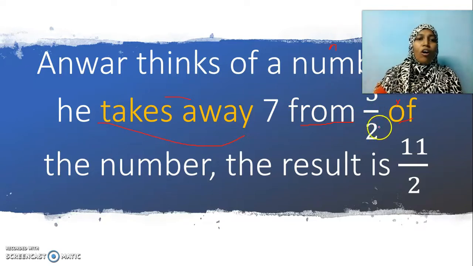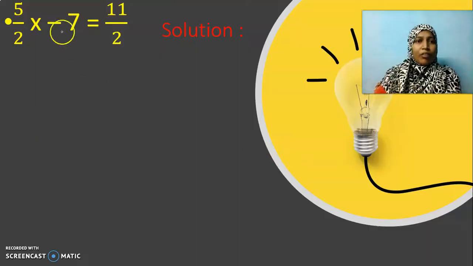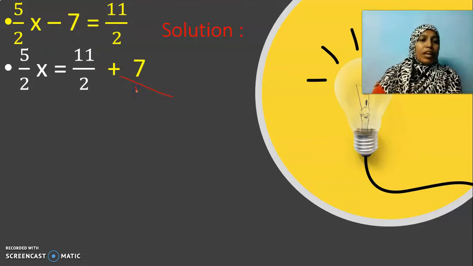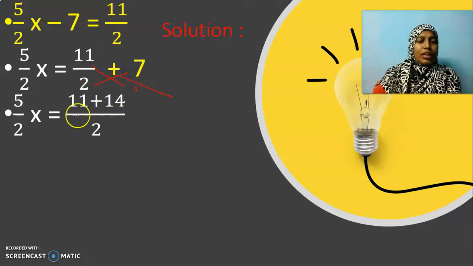5 by 2 of n or x should come in the front. See here, 5 by 2 of x minus 7. Though while we write the sentence, this number comes in front, be careful while you write the equation. Again, transposition, plus 7. Here we have divided by 1. And cross multiply. 1 11s are 11. 2 7s are 14.